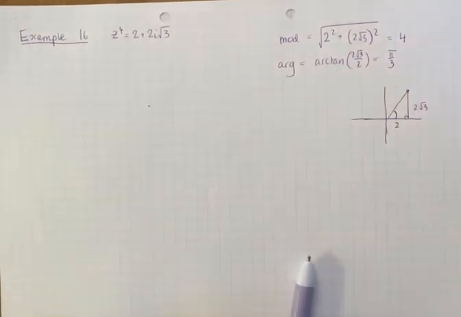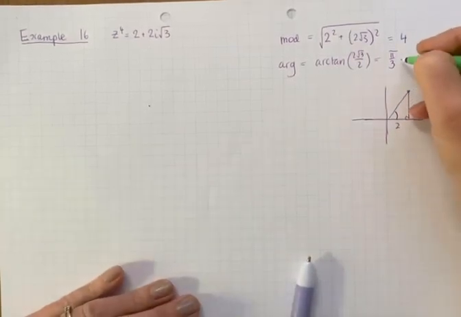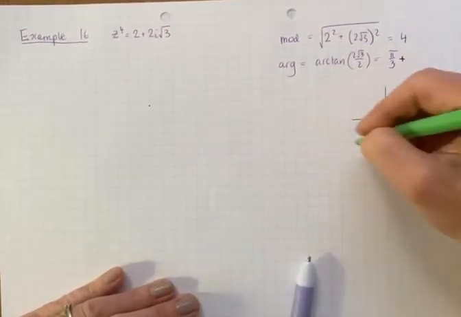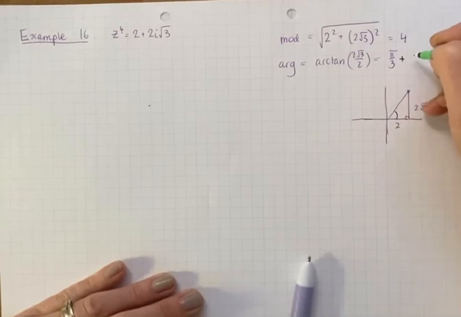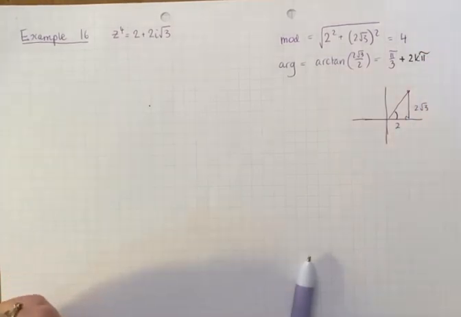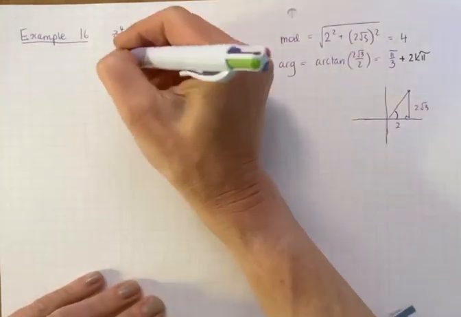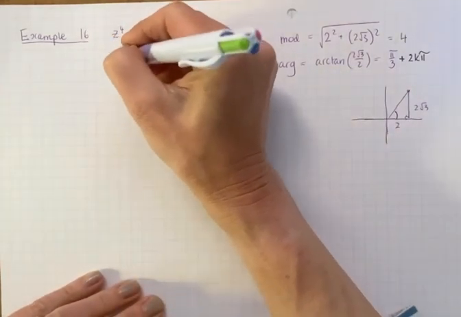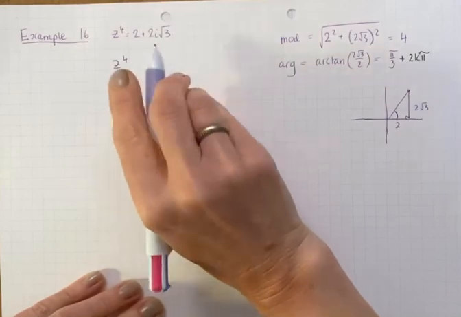As soon as you've written this, you've got to account for the fact that you will have an infinite number of these values for the arguments, which are 2k pi lots apart, or 2 pi k. So this is going to be my argument of my complex number 2 plus 2i root 3.